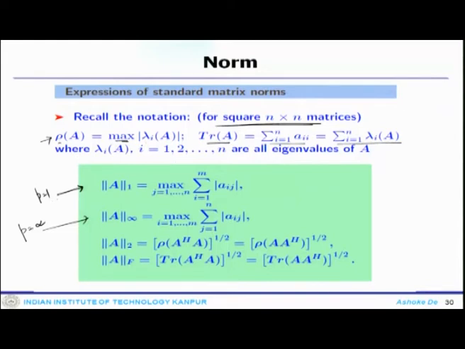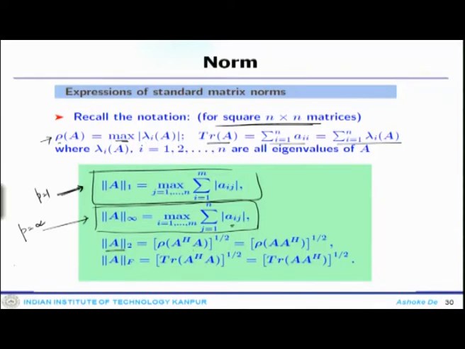Now, you look at the P equals 1 norm. This is going to be the maximum over all these elements as the loop goes over. When you look at the infinity norm, the norm of A infinity is going to be the maximum over i from 1 to m, and j goes from 1 to n, of the magnitude of a_ij. So, one can represent the L2 norm as the square root of the spectral radius of A Hermitian A. Whatever matrix you have, the Hermitian matrix and this matrix, some sort of a dot product, and the square root of that can be represented as the spectral radius of A Hermitian A and the square root of that.